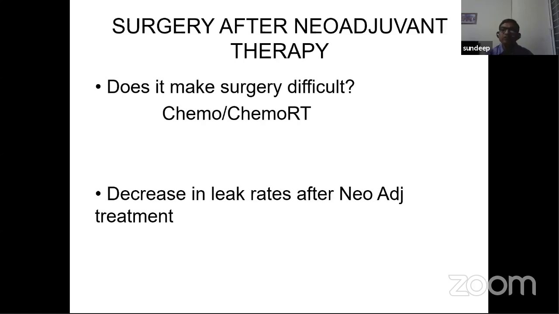And by its nature, pancreatic head cancer has significantly less leak rates. So maybe, I mean, it's a speculation.